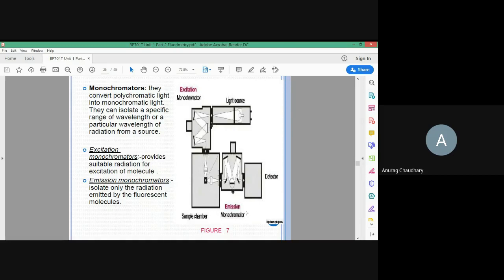Excitation monochromator provides suitable radiation for exciting the molecule, and emission monochromator isolates only the radiation emitted by the fluorescent molecule. Means they only allow the radiation emitted by fluorescent material to pass through them. As you can see in the diagram, excitation monochromator is used before the sample chamber, and emission monochromator is used after the sample chamber.